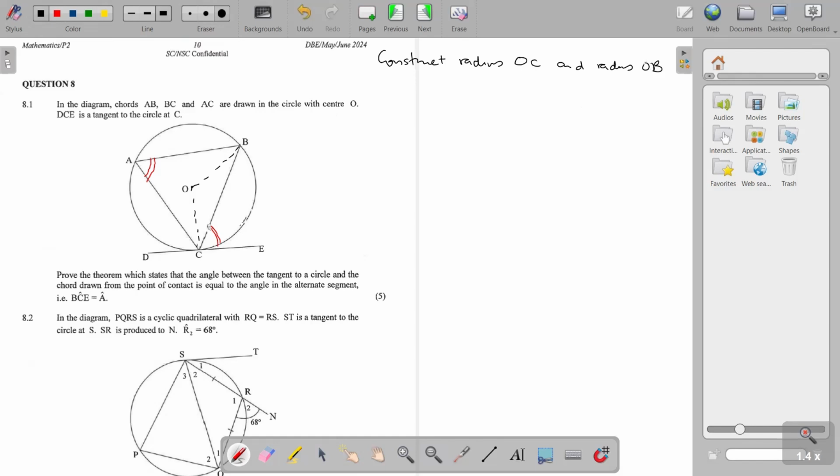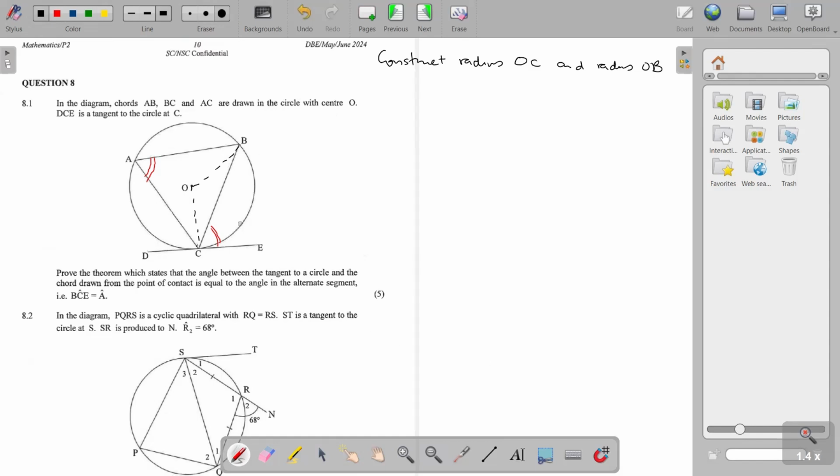Then from there, as we can see here, what are we going to conclude? We are going to conclude that angle OCE is equal to 90 degrees.